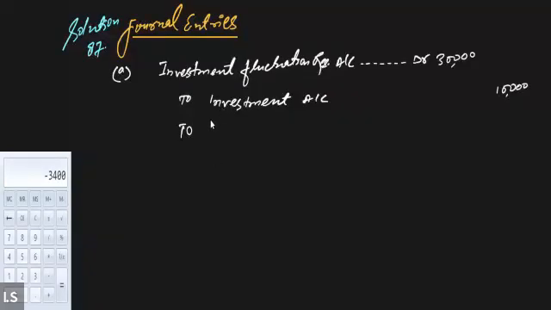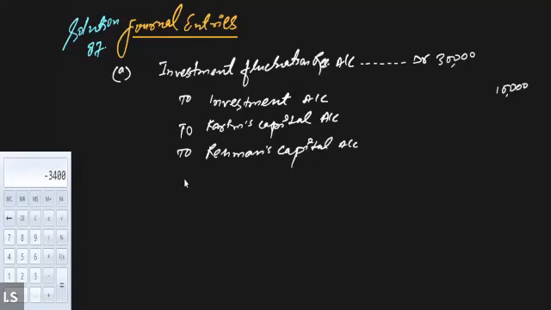So Kareem's capital account will be credited, then Rahman's capital account will also be credited, and Neville's capital account. The remaining amount of reserve, which is 20,000, will be distributed among the partners in their old PSR.